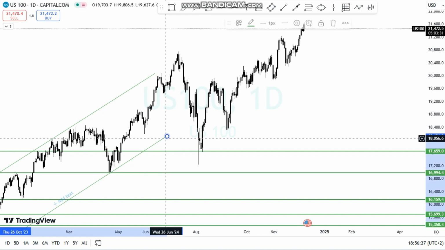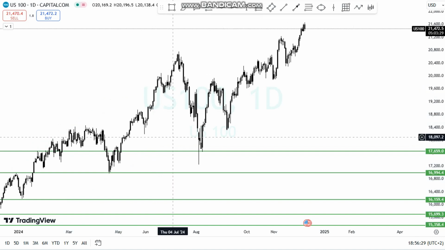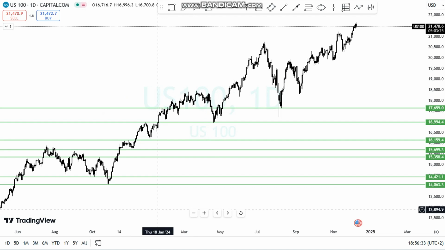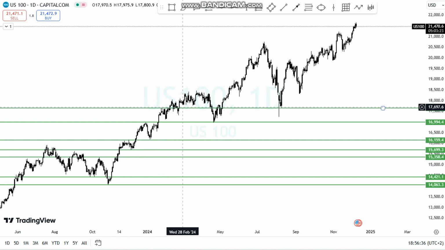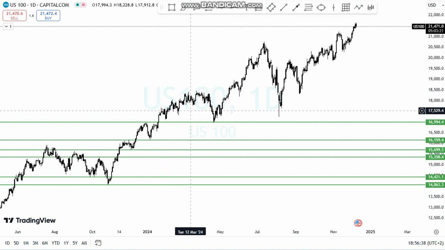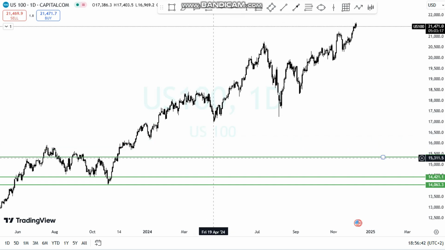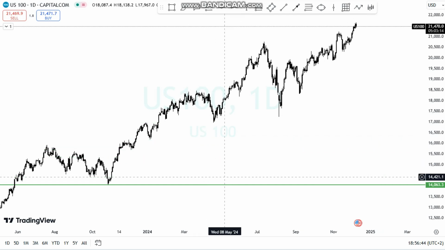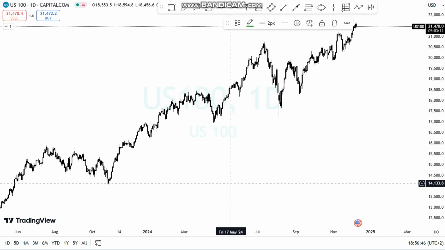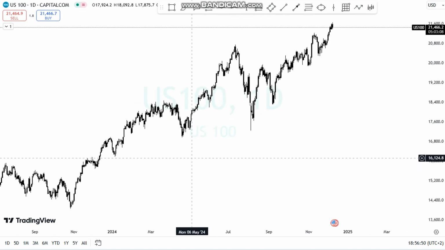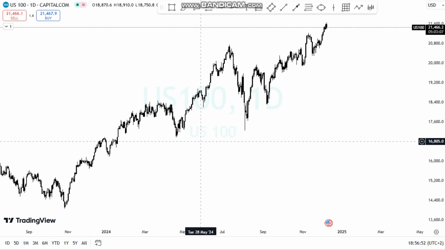Let's take this up. I thought I could select all of it. Almost done. Okay, so here we are back to square one and a clean chart.